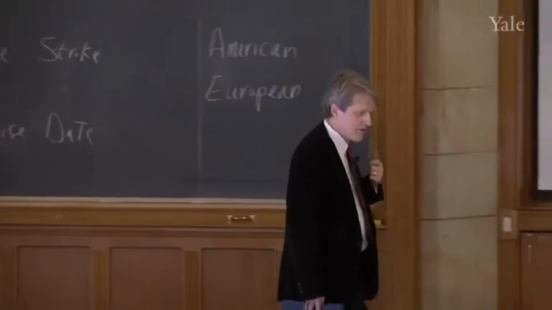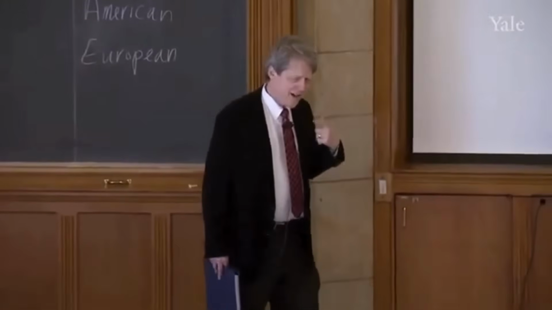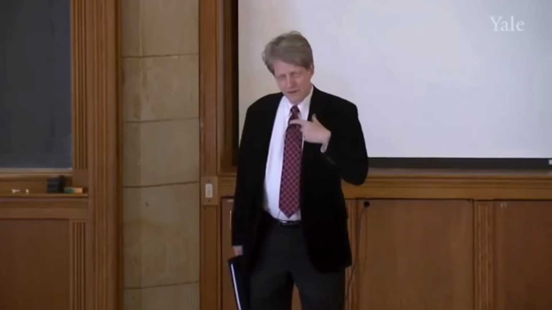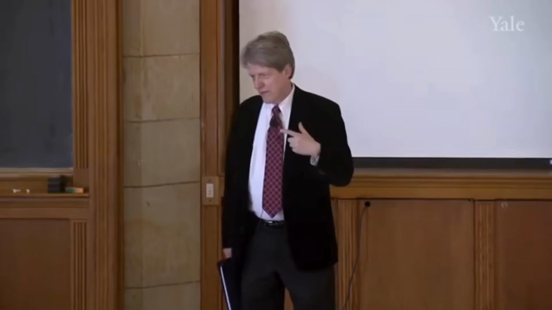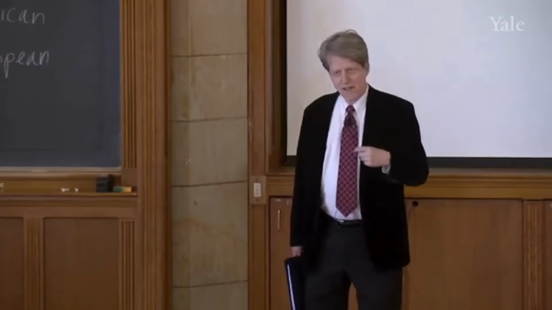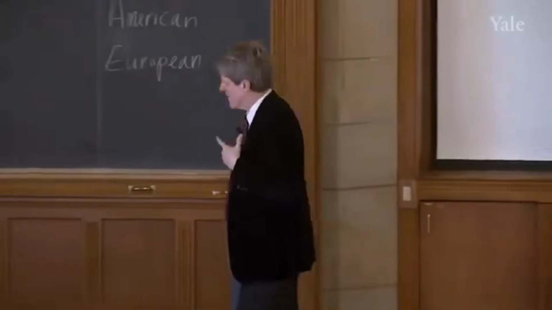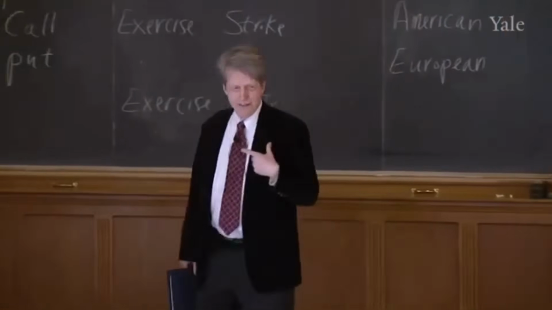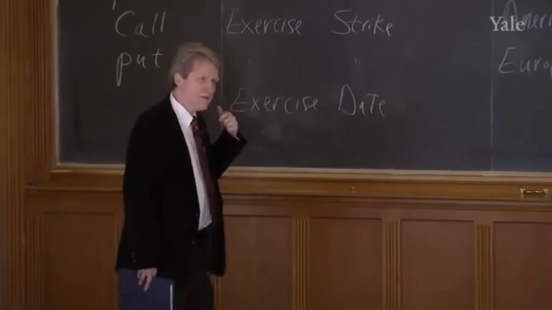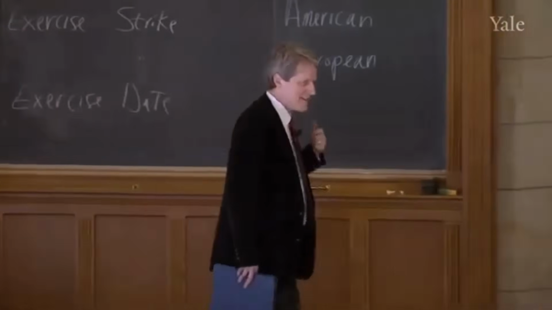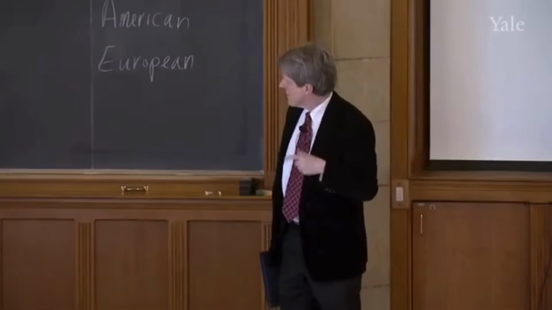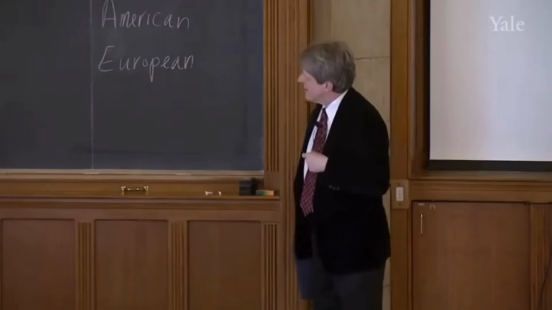Mortgages, an ordinary home mortgage has an option characteristic to it, in the sense that if the price of your home drops a lot, you can just walk away from the mortgage and say, I'm out of here. It's like not exercising an option. It's analogous. Or I can choose to prepay a mortgage early, and that's like exercising an option. So option pricing gets into all sorts of things.